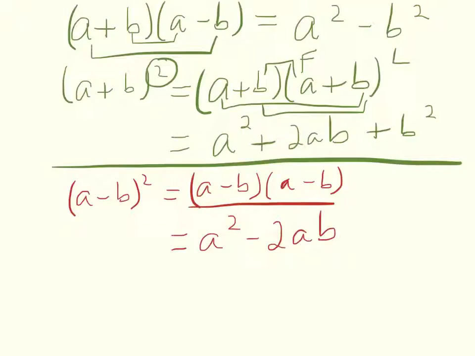And then we have in our last positions, negative b times negative b. So now we have a negative b times a negative b, which is a positive b squared. So the only difference between above and below now, these two perfect square binomials, is the middle term. Positive 2ab up there, negative 2ab down here.